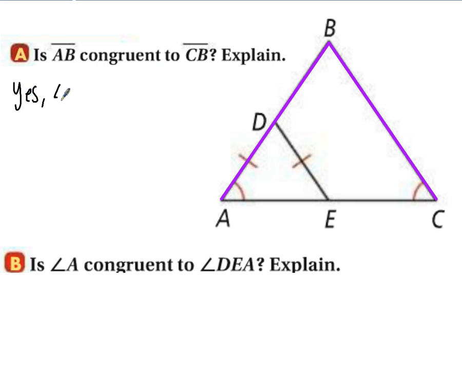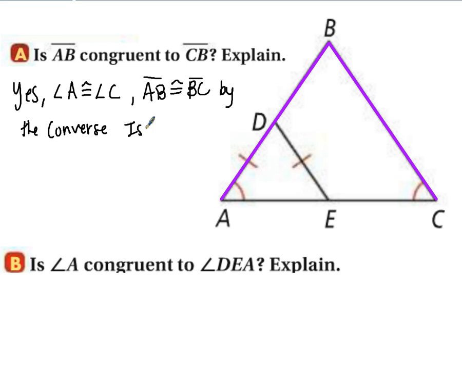We know that angle A is congruent to angle C. So AB is congruent to BC or CB by the converse isosceles triangle theorem. It says if I have two angles that are congruent, their opposite sides are congruent.